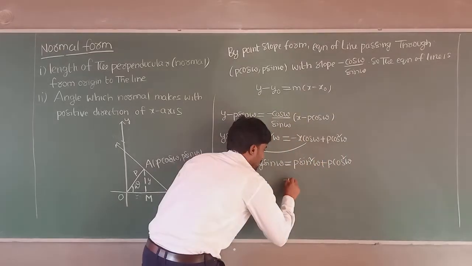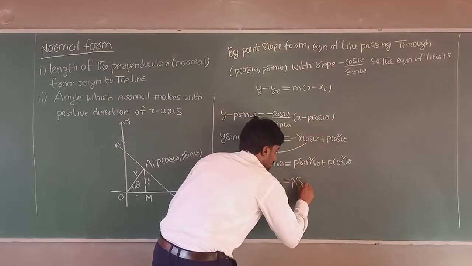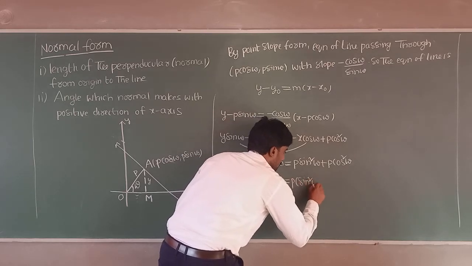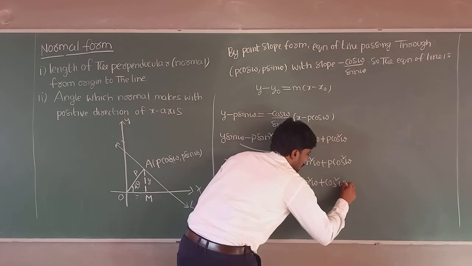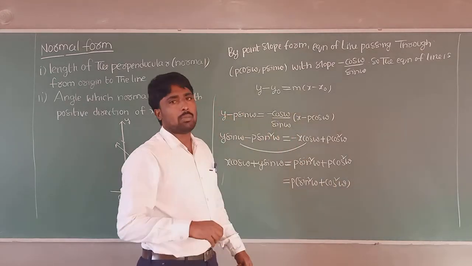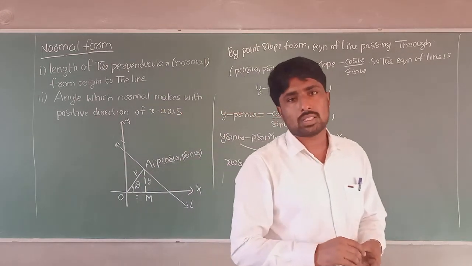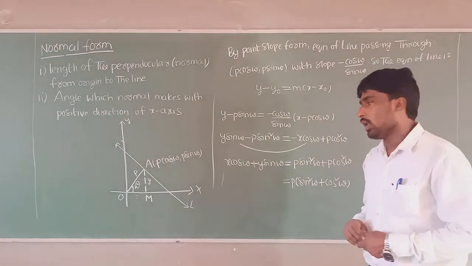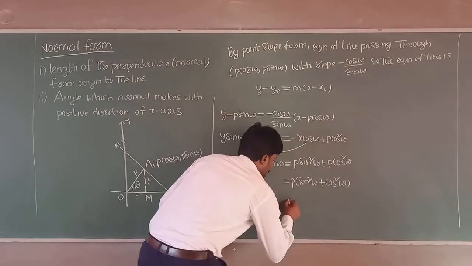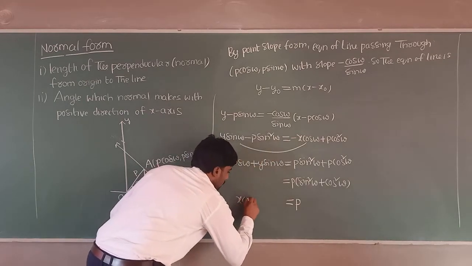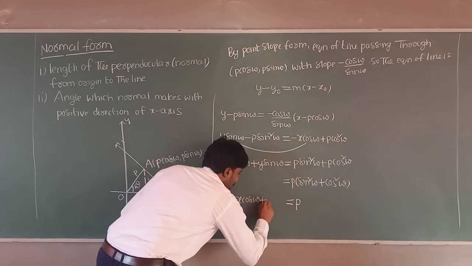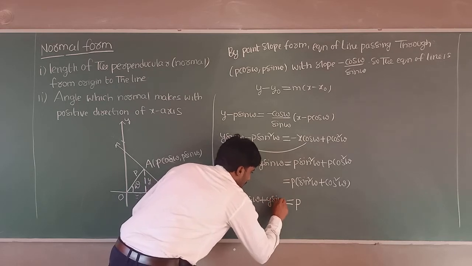Okay. So if I take p common, what will I get here? Sin square omega plus cos square omega. Okay. Now by using the trigonometric formula, sin square theta plus cos square theta value is what? 1. So p into 1 is p only. So x cos omega plus y sin omega equals p.